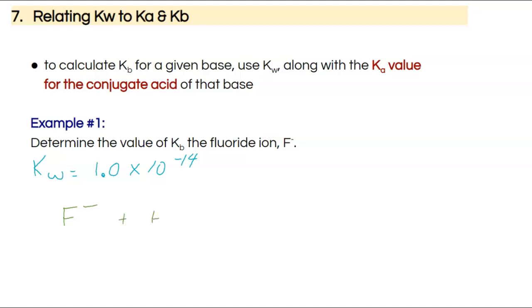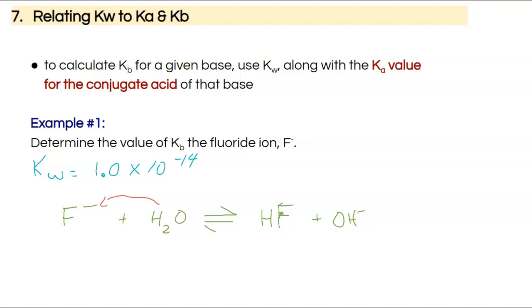And so I'm going to react it with water. In so doing, F- is going to act as a base and accept a proton from water and become HF. And that's also going to create our hydroxide ion, which is responsible for that alkaline pH we're going to get.